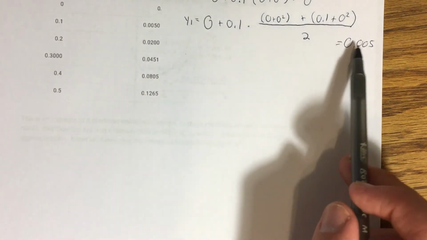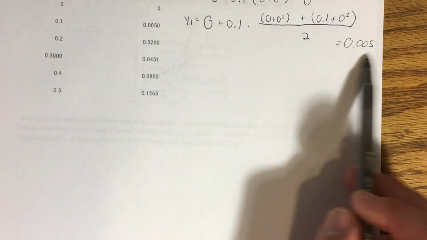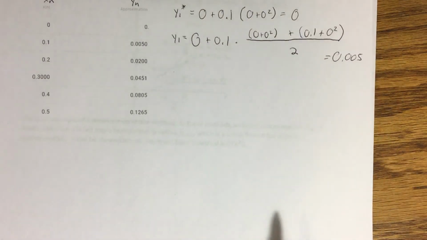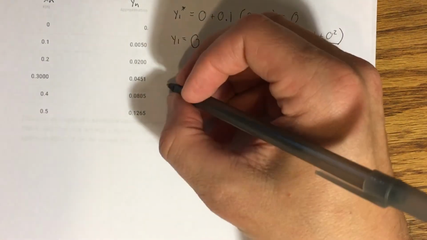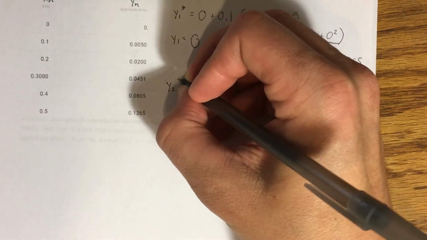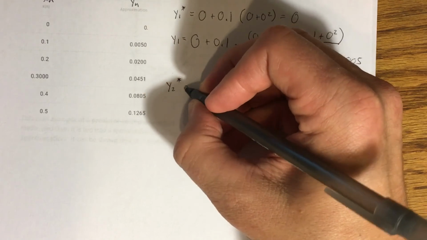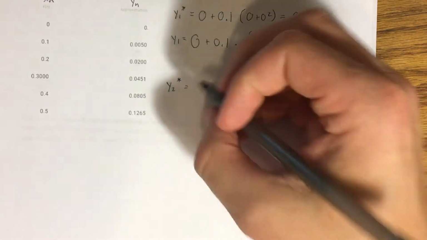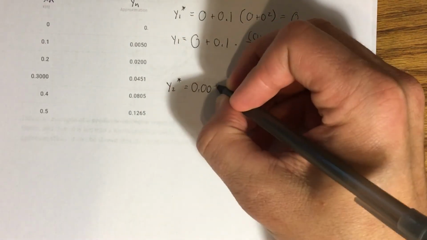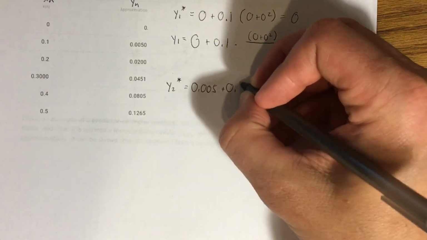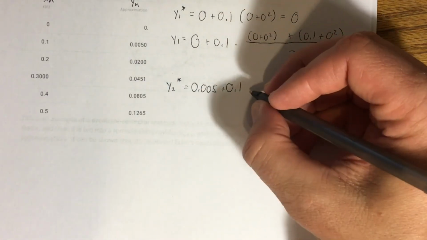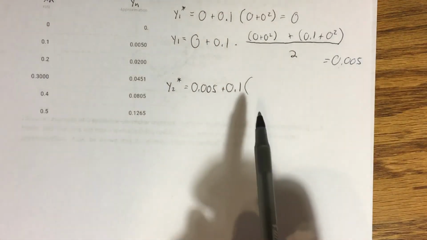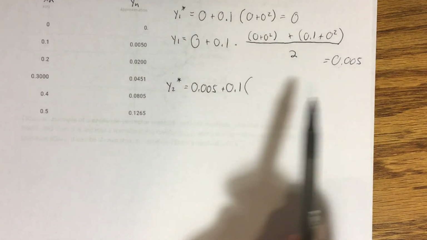Okay, now what I would do, I would take this result and feed that back into our formula. So now what I want is y2 star. And that's going to be equal to y1, which we have here, 0.005, plus my step size of 0.1, times f of x1, y1.